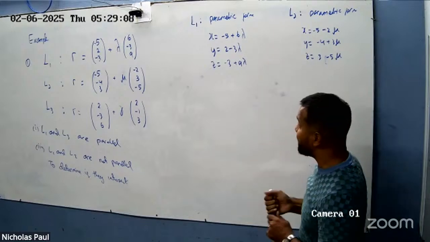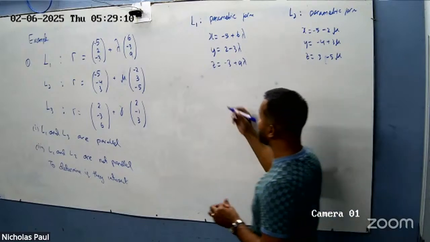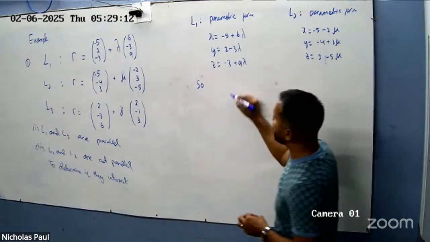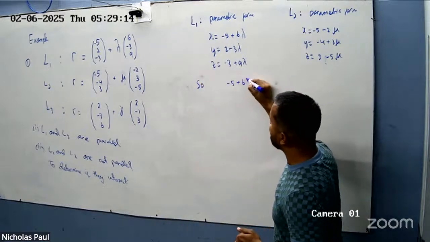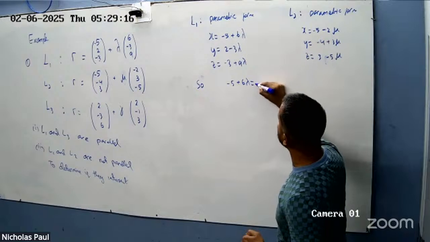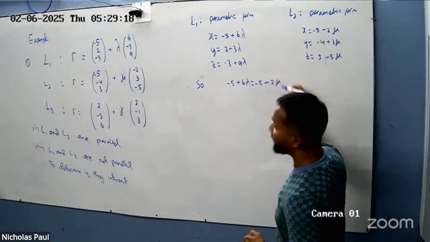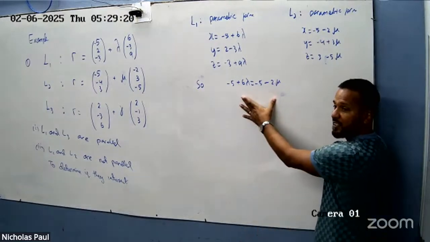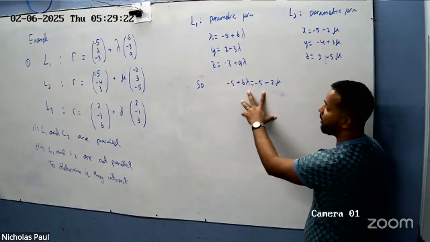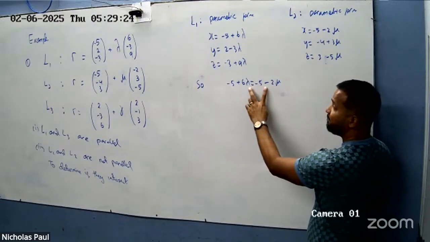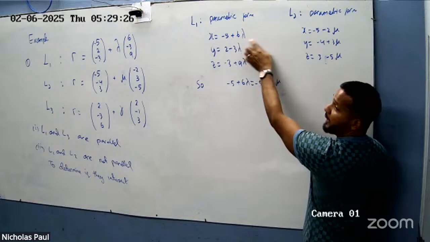So the first thing I'm going to do is say that minus 5 plus 6 lambda is equal to minus 5 minus 2 mu. I'm writing this because I'm saying that these two things are equal.